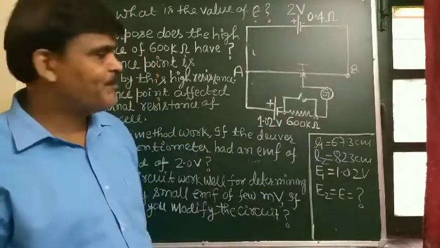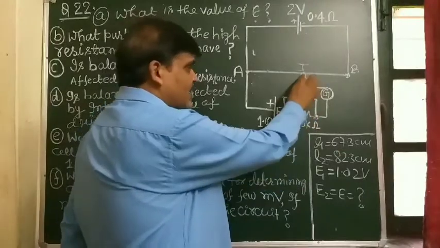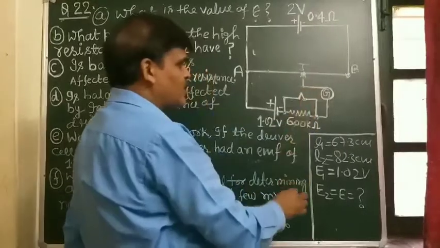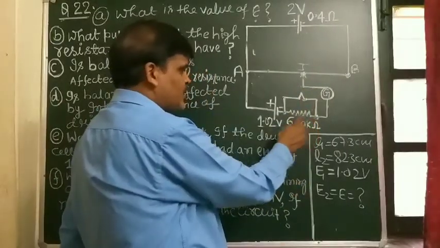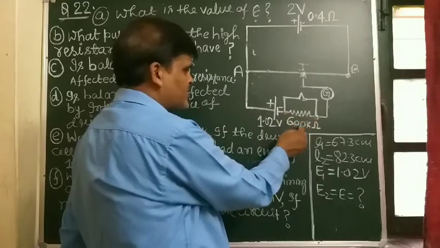And students, if at the balancing condition this resistance is shorted out, it means the potential at this point and the potential at this point are the same. So there will be no effect of the 600 kilo ohm.